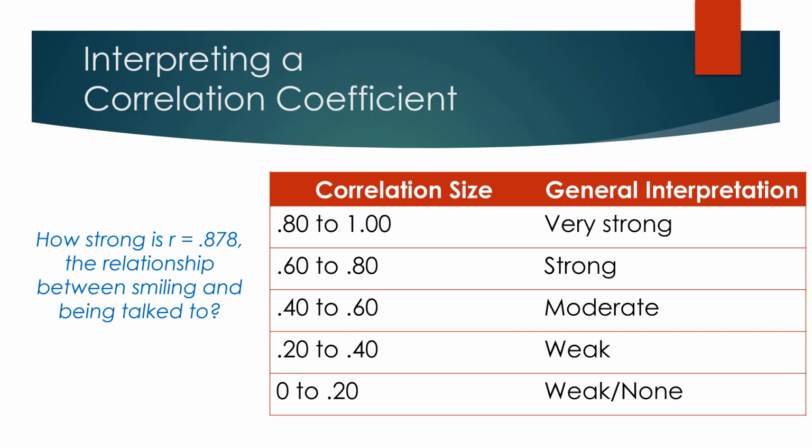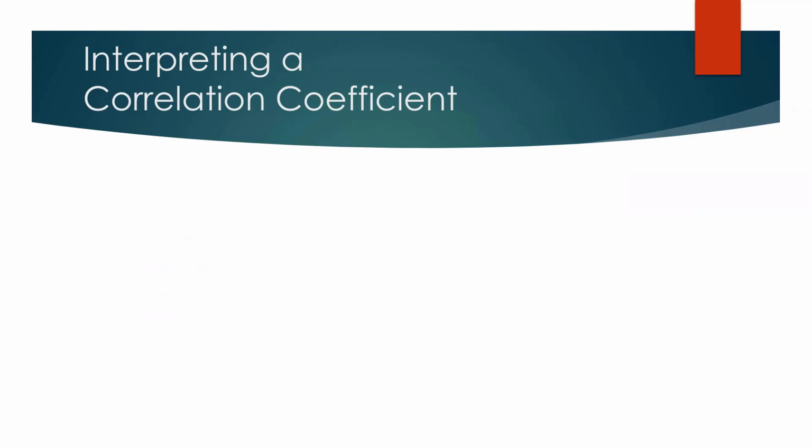Because 0.79 would be strong, 0.81 would be very strong, but they're almost the same strength. Just look at how far apart they are. They're just 0.02 points apart. So this is arbitrary. It's not very clear and precise, and we always want to be precise when we're doing statistics. So we're going to do a better way of interpreting the strength of a correlation.